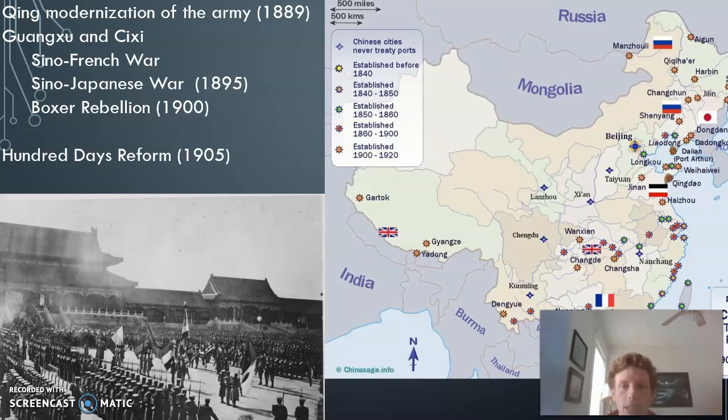the Qing dynasty, despite efforts to reform, like the 100 Days reform, is close to collapse. With the death of Guangxu and Cixi in 1908, there's really little future for the Qing dynasty going forward, and the future of China is going to be the story of who's going to take control in the power vacuum left by the collapse of the Qing dynasty.